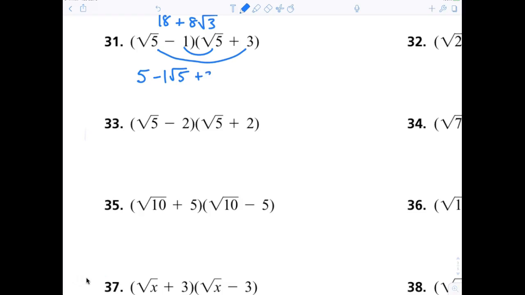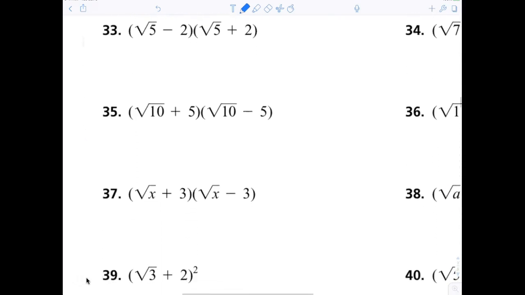Come on, guys. Plus 3 radical 5. And then finally what? Negative what? Negative 3. I don't think that's that hard. Now the next move is just combine like terms. What's 5 minus 3? 2 plus 2 radical 5. Everybody okay with that? Not bad, right?